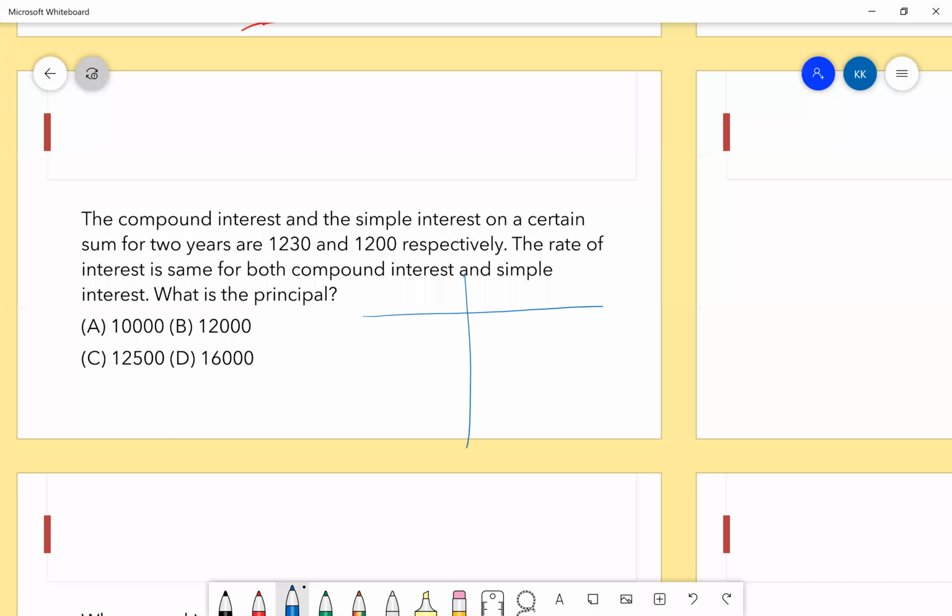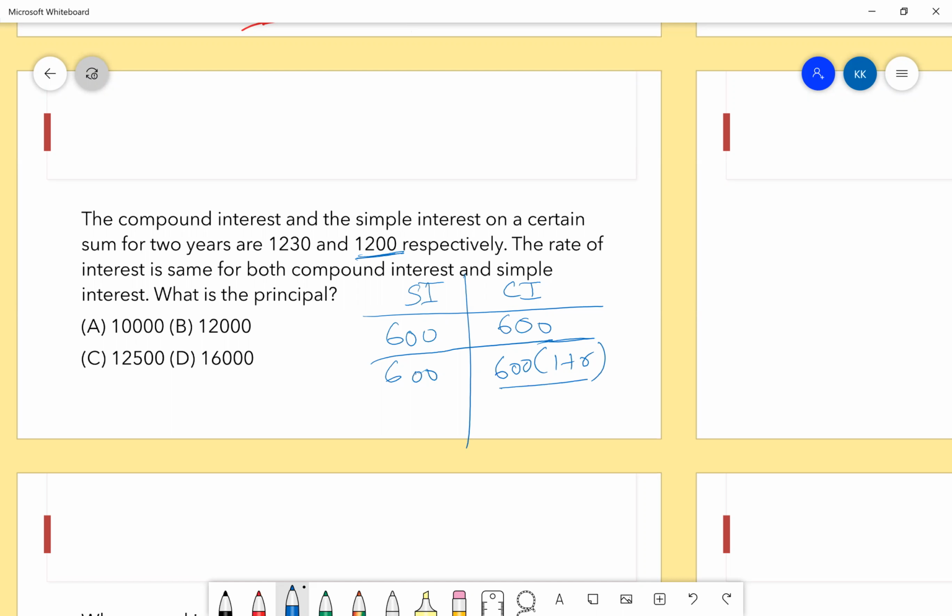No, I'll explain it again. See, this is the simple interest, guys. This is the compound interest. Simple interest for 2 years is 1200, so it will be 600 and 600. Here again, it will be 600. And here it will be 600 into 1 plus R, right?